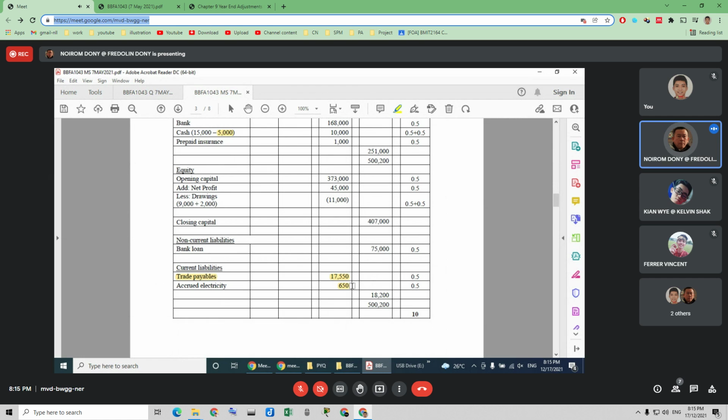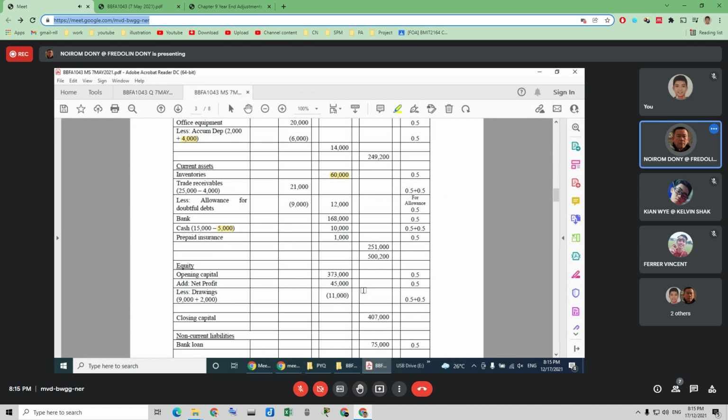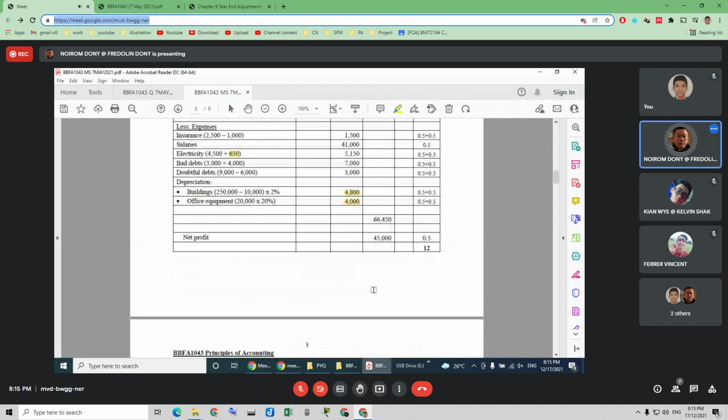And insurance expenses included an amount paid in advance. So very specific, paid in advance, meaning this is for the following year. So what you have to do is reduce your existing insurance amount, which is in the trial balance 2,500.